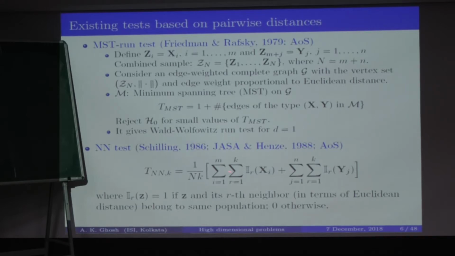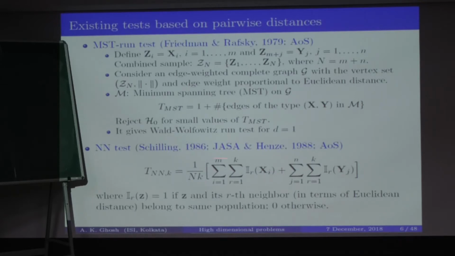Okay? So here, basically it gives the number of neighbors out of the first k neighbors of xi which come from the same population. And I am summing it over all such observations xi. And here I am doing the same thing. It gives you the number of neighbors out of k neighbors of yj which belong to the same population as yj. Okay? And I am summing it over all j, and this is the scaling factor.